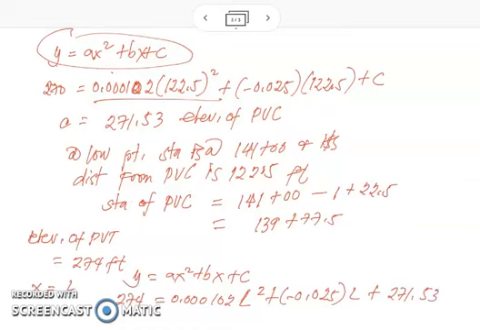If we simplify this, we get the value for L, which is 320.624 feet. So we have now the value for our L.